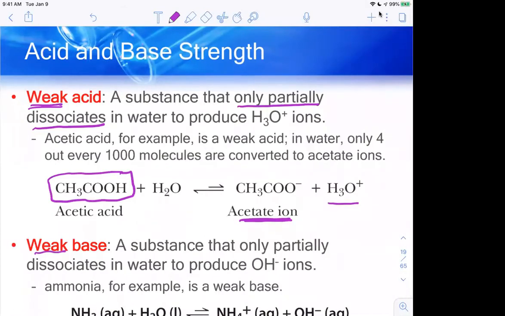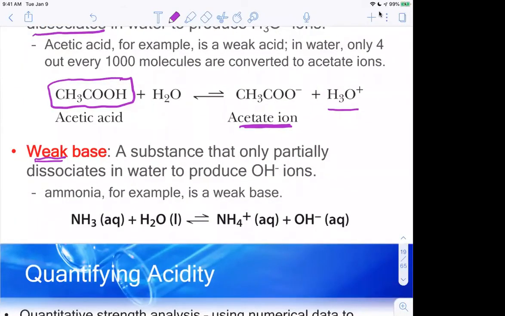Weak bases are thought of, again, along those same principles. Weak bases only partially dissociate in order to produce OH minus ions. Now, ammonia, which is NH3, is a very weak base. It actually produces OH minus ions by reacting with water, as we've seen, to form the ammonium ion and the OH minus.